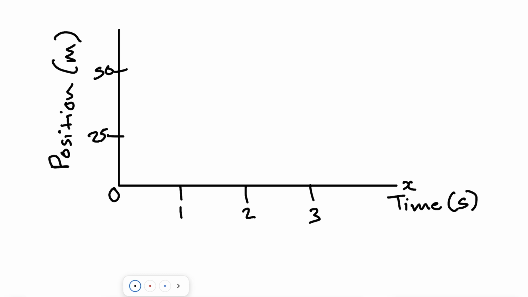We said that the driver took 1 second to react. And during that 1 second, the taxi had traveled or covered 25 meters. So we will come to 1 second here. And then we go up at exactly the point whereby we are level with 25, we are going to put a point there.